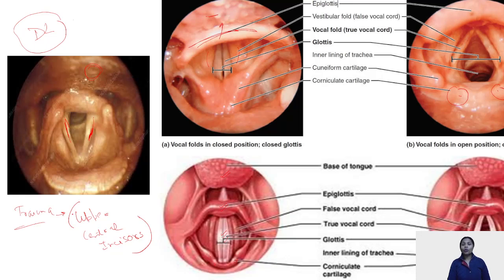Done. During intubation, what can you traumatize? During intubation, the trauma is most common at the laryngeal cartilages, out of which arytenoid cartilages are the most common. The arytenoid cartilages suffer from trauma during intubation, and upper central incisors during your laryngoscopy technique.